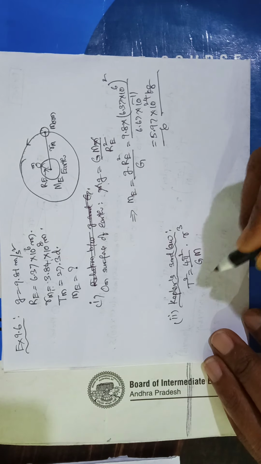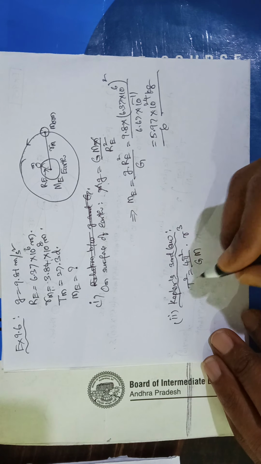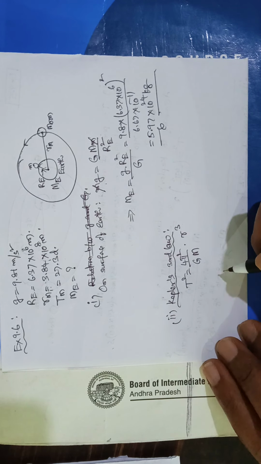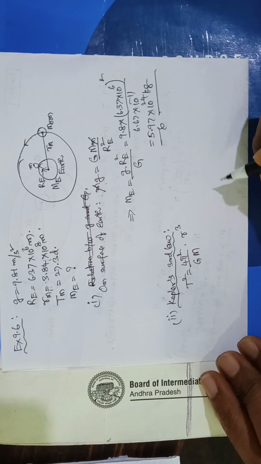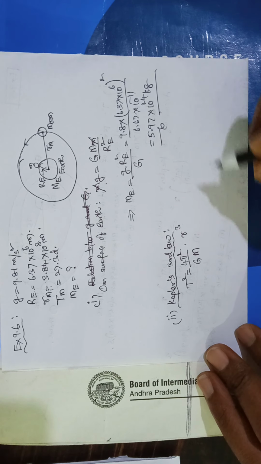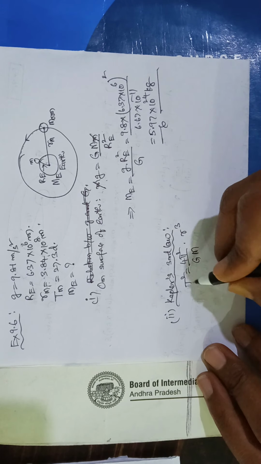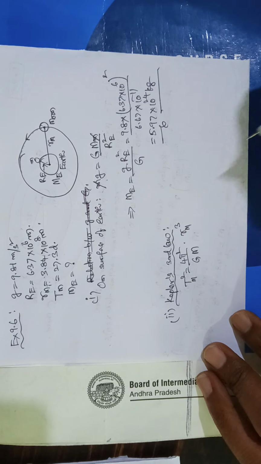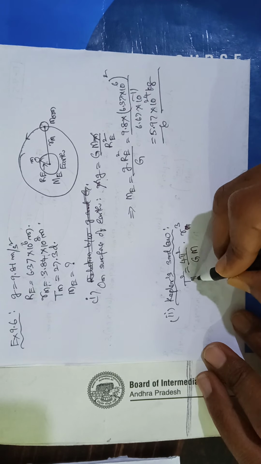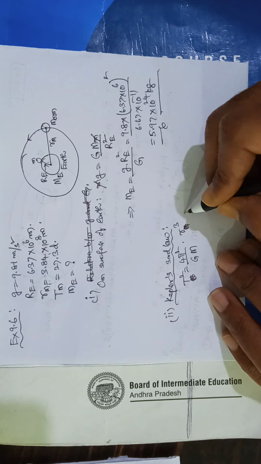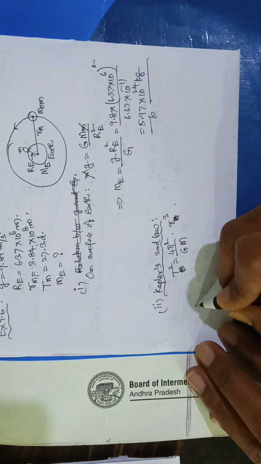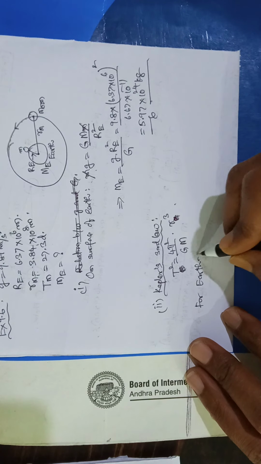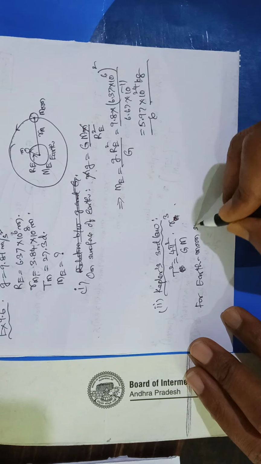So here the time period of the Moon, say, the Moon is revolving around Earth. Actually let us write like this. It is written for the Earth-Moon system.